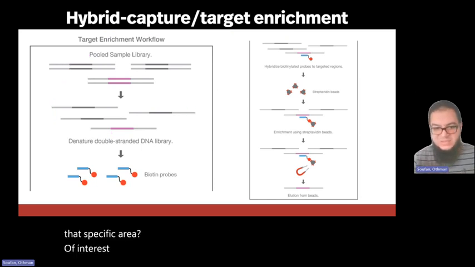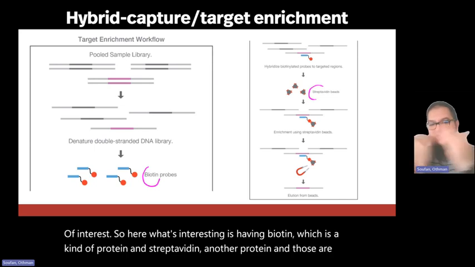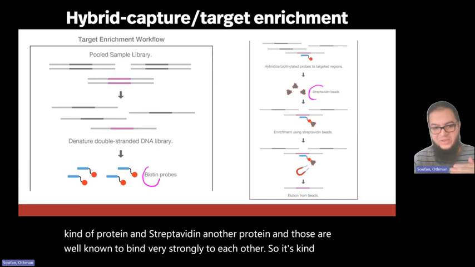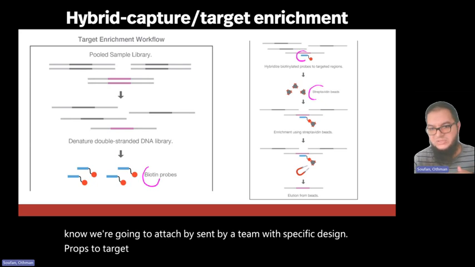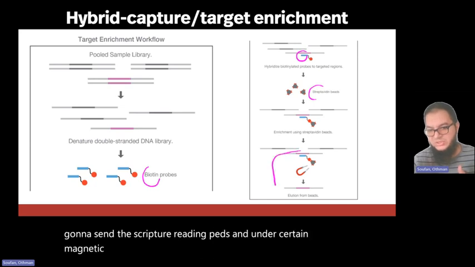So here what's interesting is having biotin, which is a kind of protein, and streptavidin, another protein, and those are well known to bind very strongly to each other. So we're going to attach biotin to specifically designed probes to target specific regions, and once it binds, we're going to send the streptavidin beads, and under certain magnetic resources, it's going to pull these reads for us.